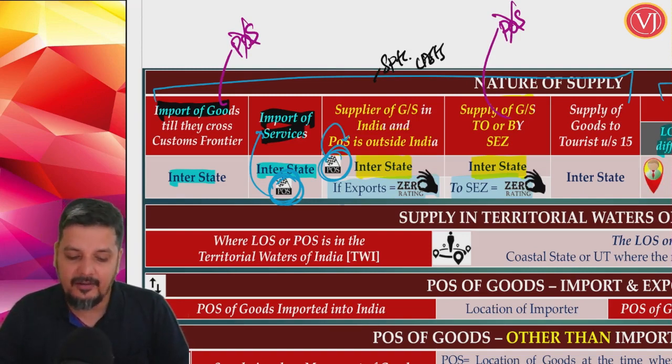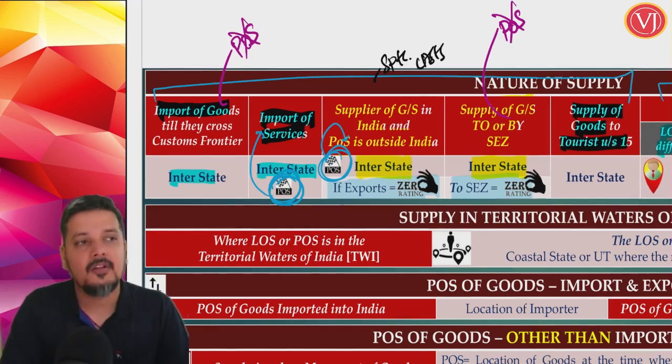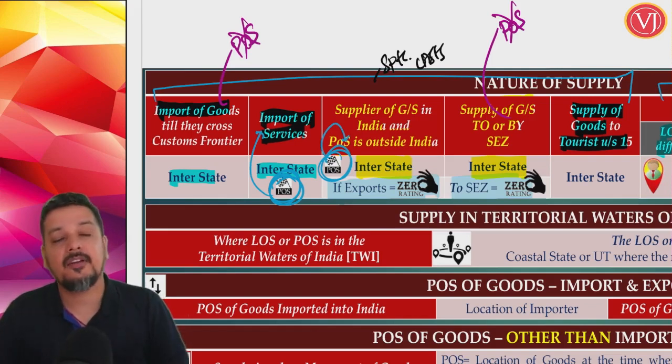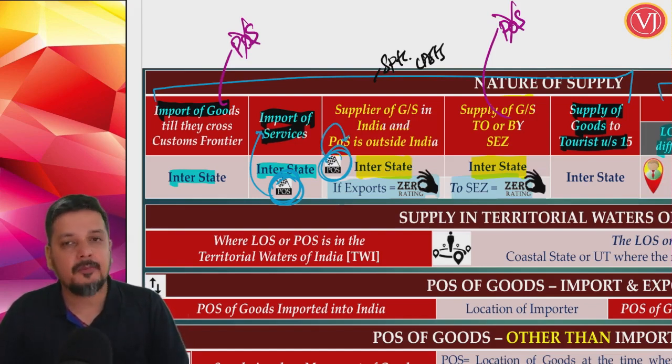IGST. And finally, if you're talking about supply of goods to a tourist, not an Indian tourist, a foreign, international tourist who stays in India for not more than 6 months, for legitimate non-immigrant purposes.